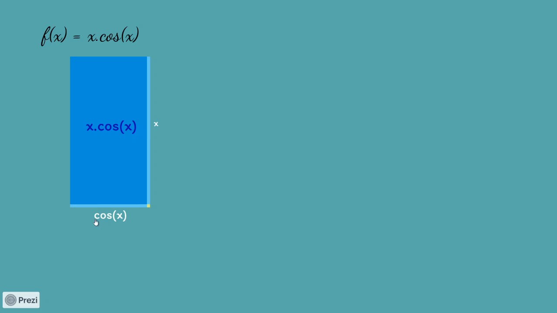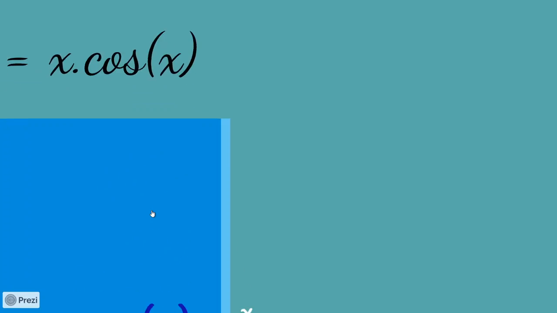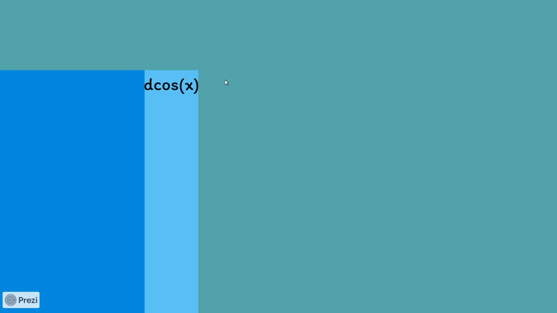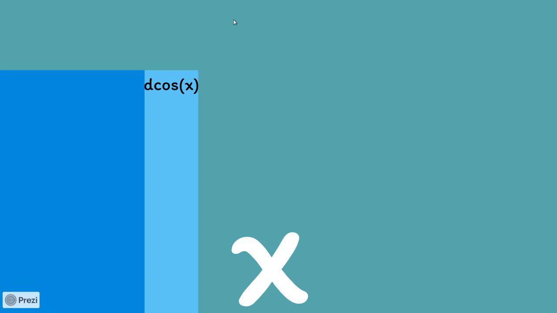Our length here is cos x. So this small value that we added is d cos x. Our length was cos x, so this small value here is d cos of x. And this whole breadth was x, the value that we started with.